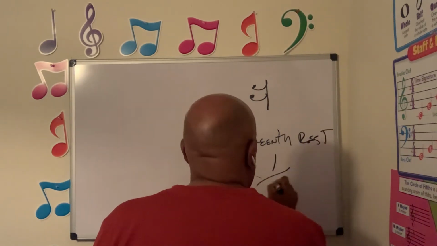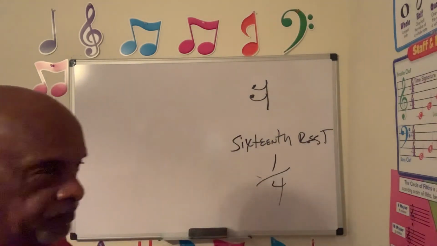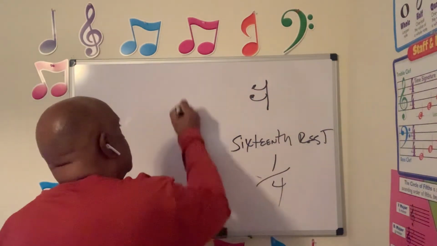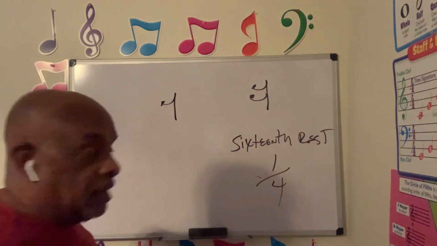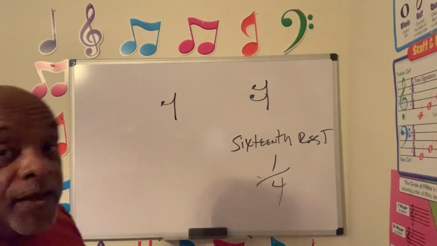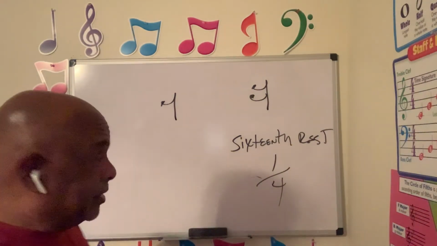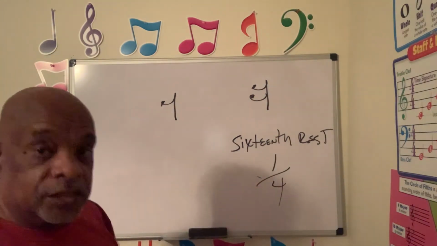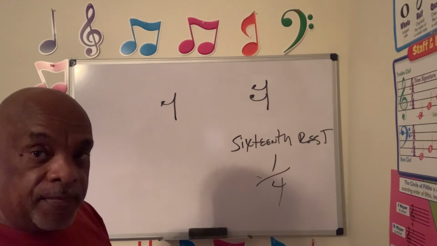Now, if you notice, the 8th rest has one, I guess you call that a flag, like the 8th note. The 16th rest has 2 flags, just like the 16th note, all right?